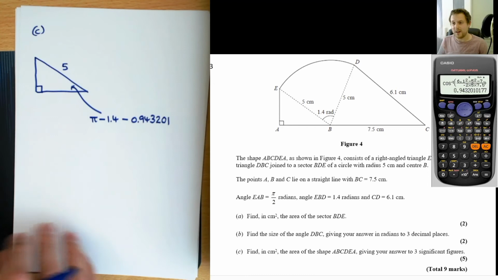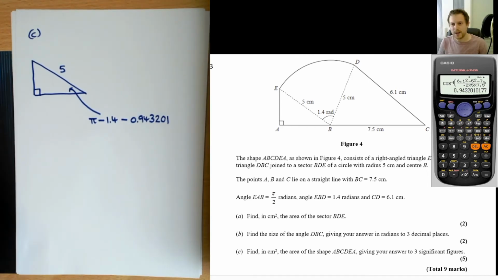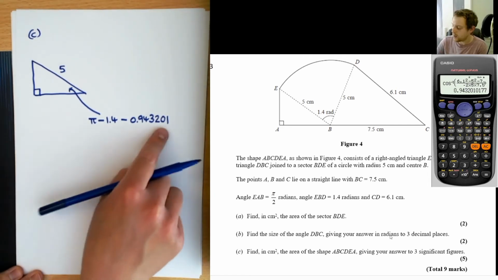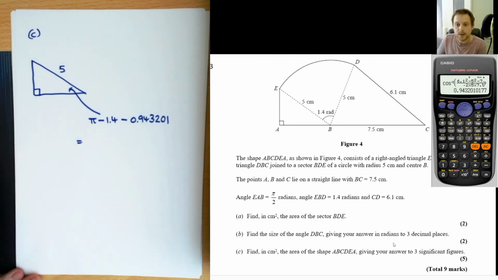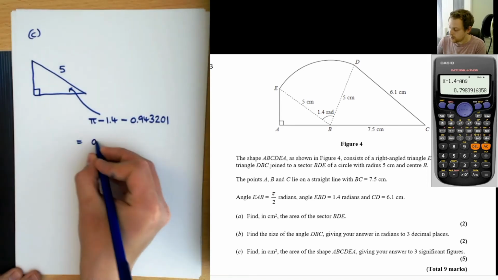You don't want rounding errors, but then it's also not immediately obvious if they're going to allow it because you've just given a previous answer to 3 decimal places. But anyway, I think we're going to err on the side of caution here and be accurate. So I can literally do pi minus 1.4 minus the previous answer, actually. So that's pretty nice.